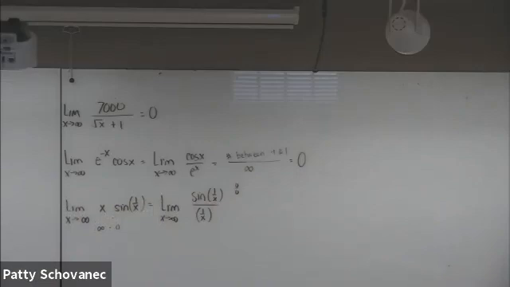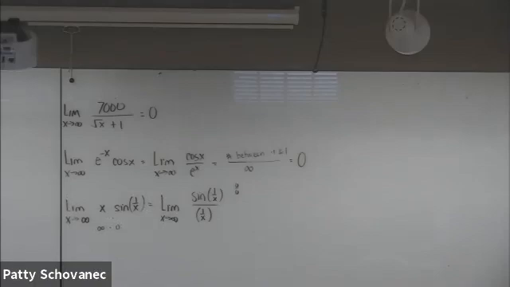Remember when we were first learning limits, and you said we have those special case limits where you have sine of something over the same something. That special limit occurs for x going to 0, so you have to do a change of variable. You would say let n be 1 over x. So as x goes to infinity, n goes to 0.